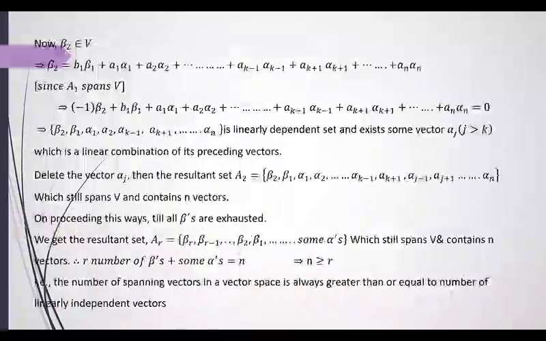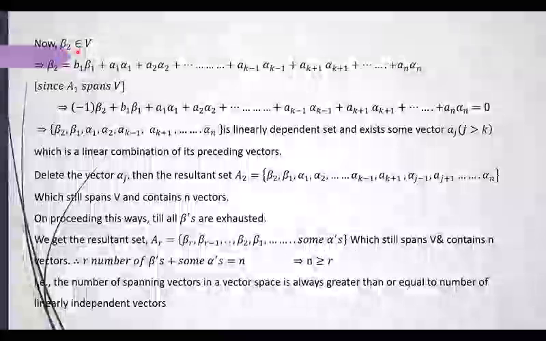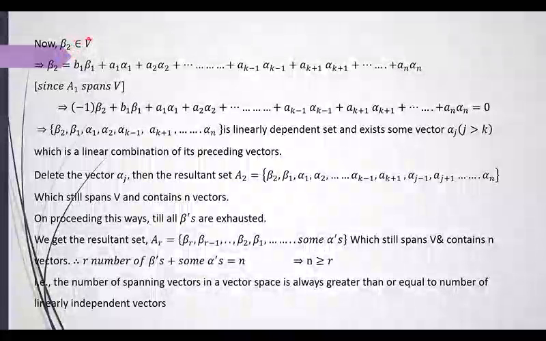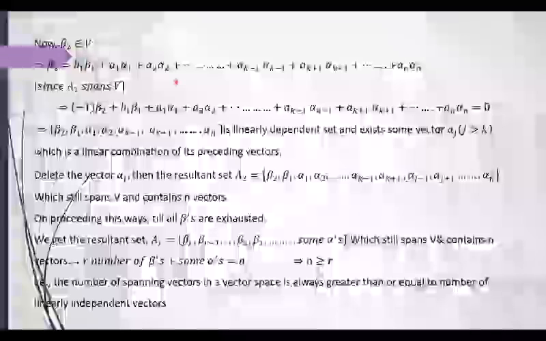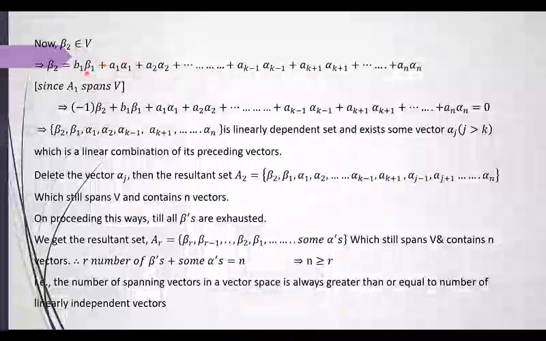Again, considering another element from the vector space V, beta 2, it is a linear combination of the n vectors from the set A1. That means in A1 we have the elements beta 1, alpha 2, up to alpha k minus 1, alpha k plus 1, up to alpha n.